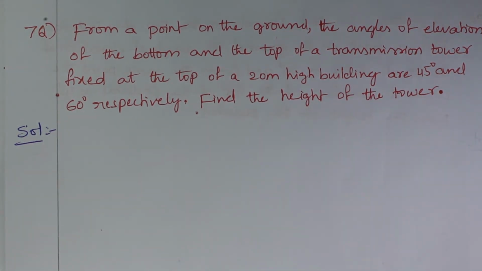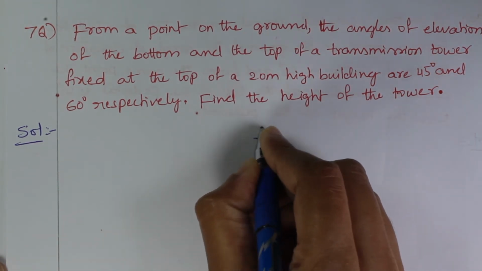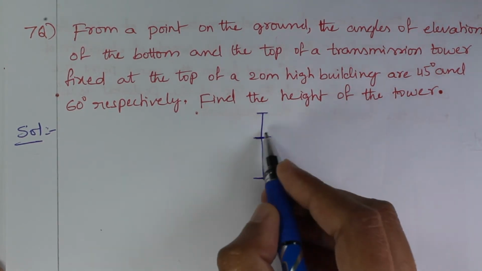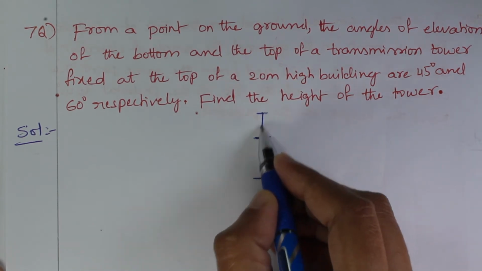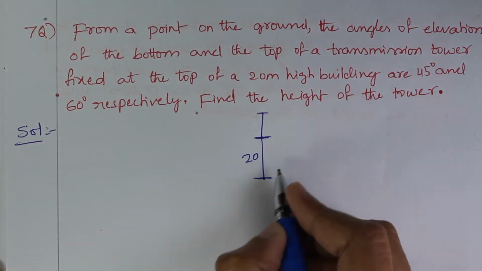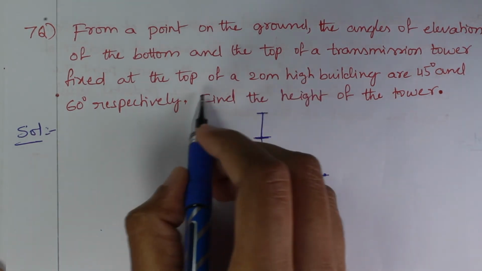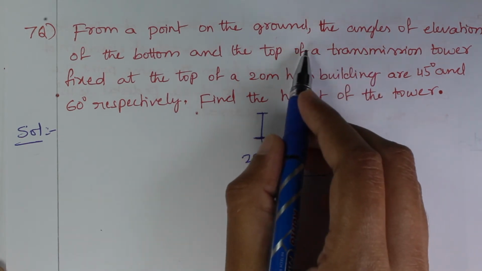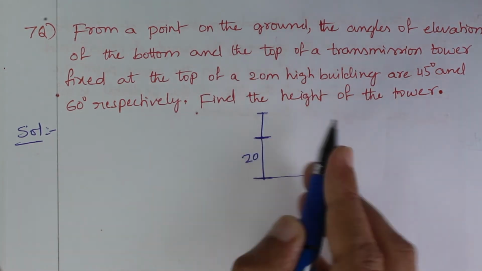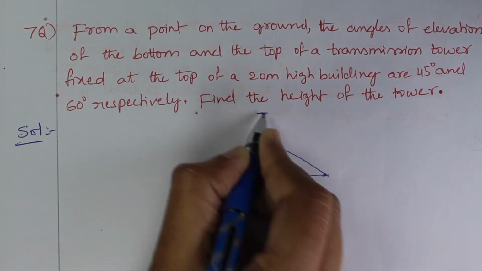Okay, there is a transmission tower standing on the top of the building. Let us assume this to be the building and this is the transmission tower. We know the height of the building is 20 meters, and from a point on the ground, the angle of elevation of the bottom and top of the transmission tower are 45 degrees and 60 degrees respectively.